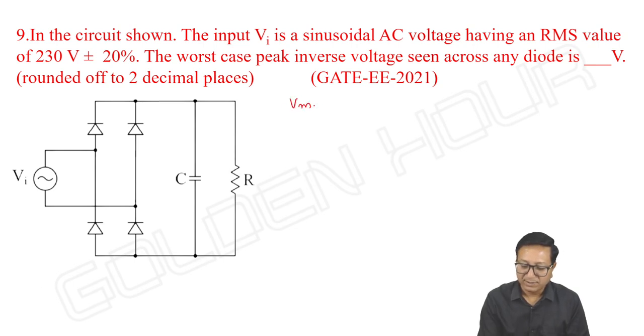Let me take the maximum as Vm1, or V secondary maximum, or Vm maximum. Its value is equal to 230√2, because what is given is the RMS value, we are well aware of it. So it is 230√2 plus 20% of its value.